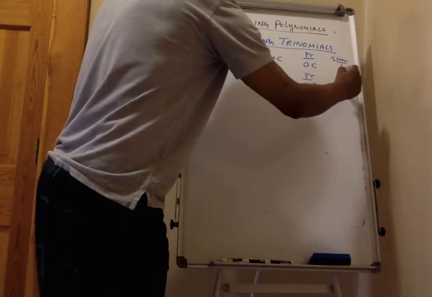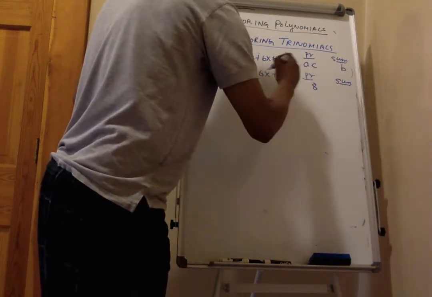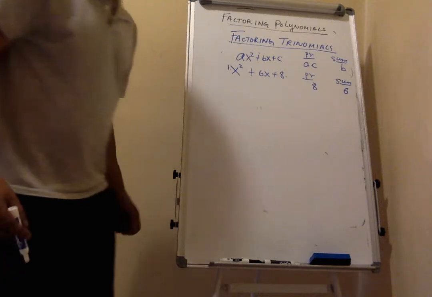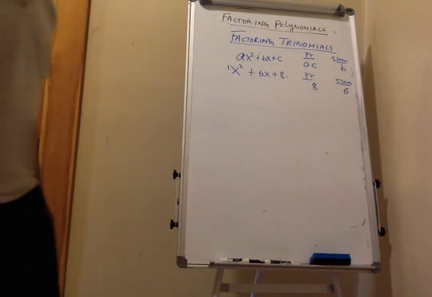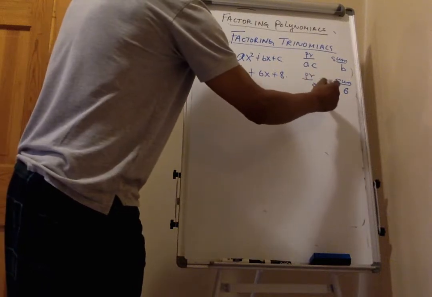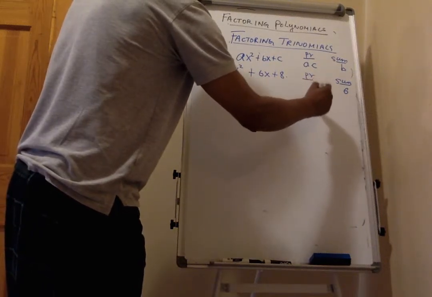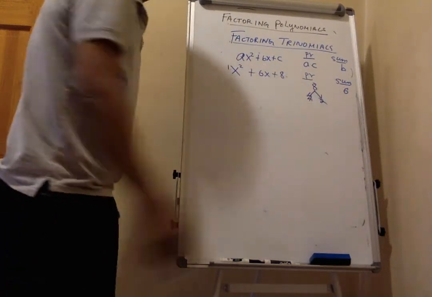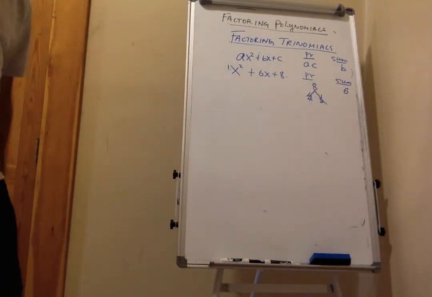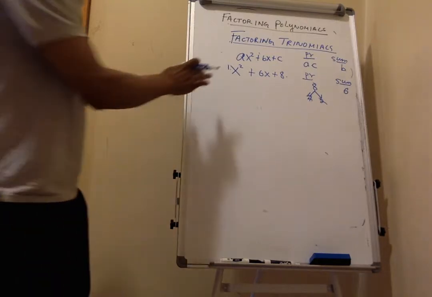And the sum of those 2 numbers that I'm looking for in order to factor has to be 6. So you have to match these 2 concepts. The product of the 2 numbers multiplied, which give me 8, could be 4 times 2. And 4 plus 2 will give me 6. So I have found the 2 factors. So I'm going to go ahead.